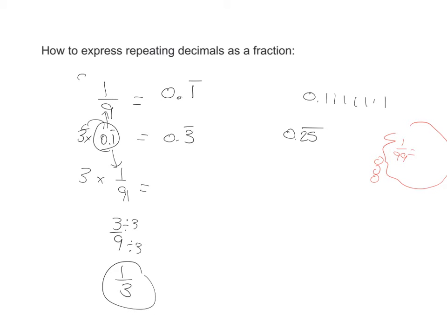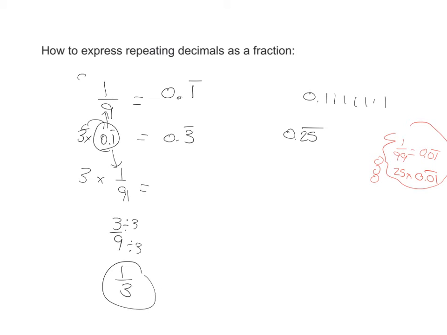1/99 is 0.01 repeating. So it'd be 0.010101. So 0.25 repeating is just the same as 25 times 0.01 repeating.